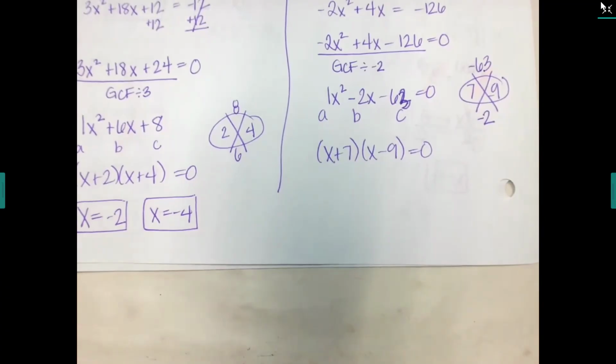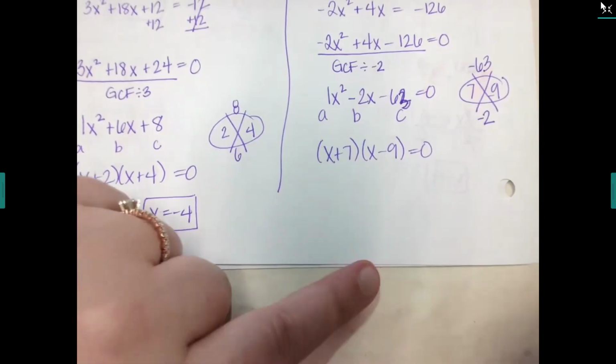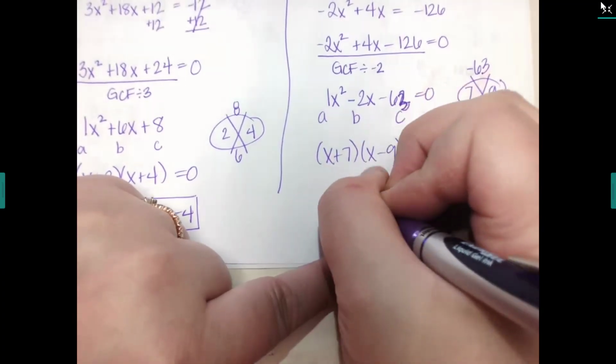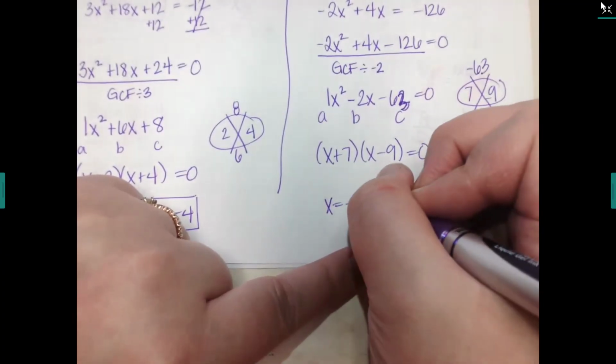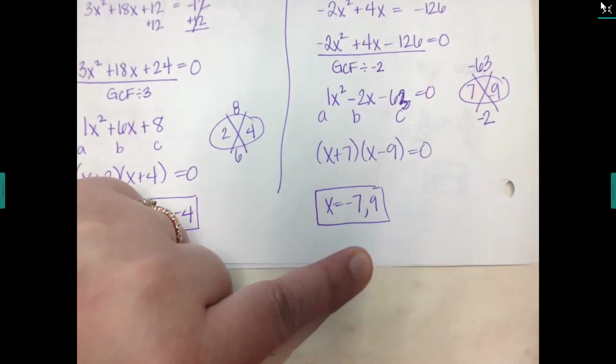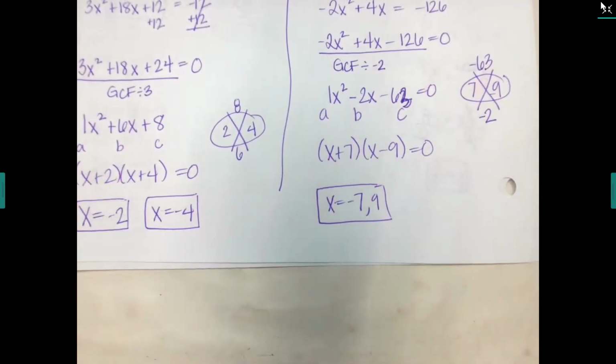So if I picked a plus 7 in my AC chart, my answer is going to be a minus 7. And then if I had a minus 9 in my AC chart, it'll be a plus 9 for my answer. Make sense? All right. I'll bring you scratch paper and go ahead and get started on your math.